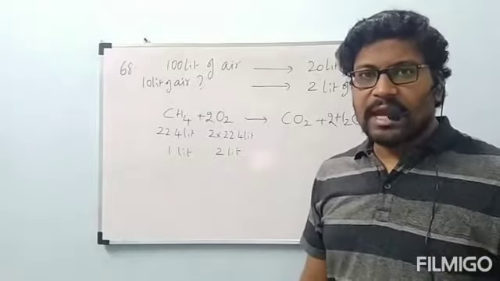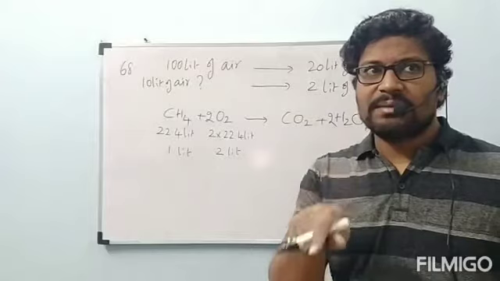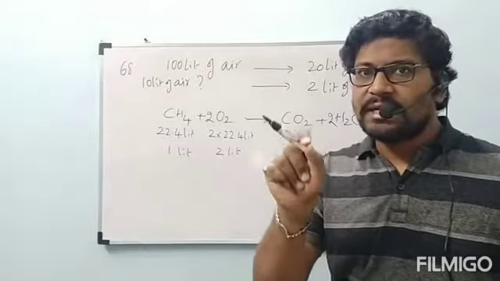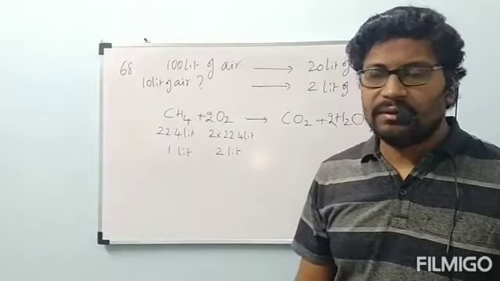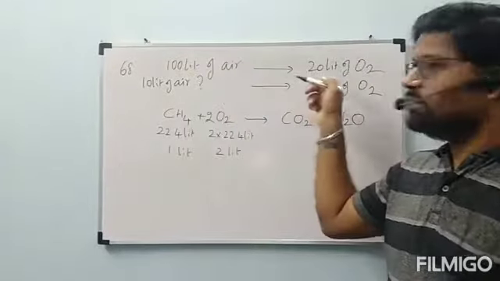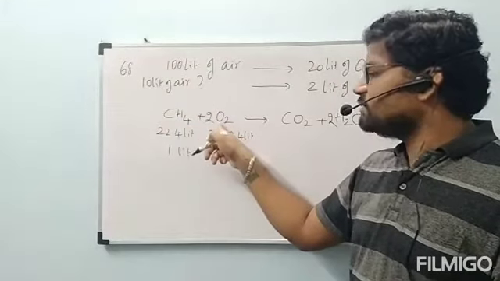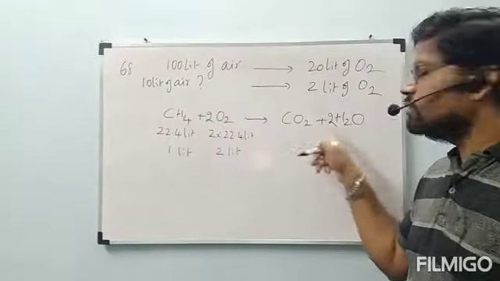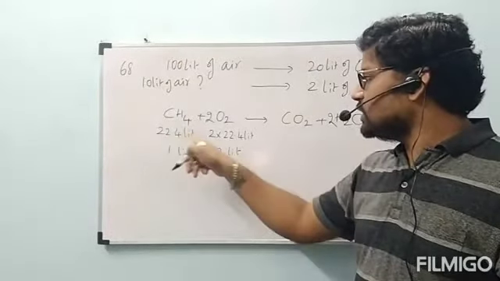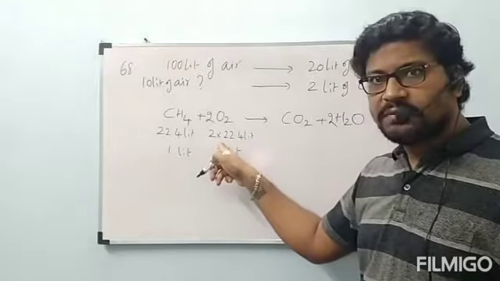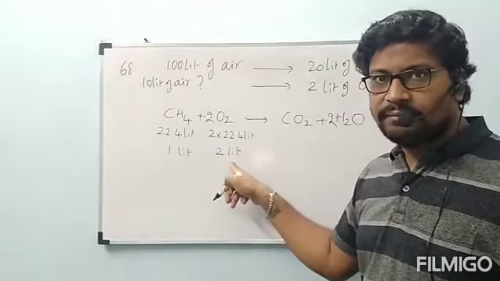Is everyone clear? Air contains 20% by volume. They did not ask mass, they asked about volume. That means if you take 100 liters of air, in that 20 liters of oxygen will be present. But CH4 reacts with 2O2 to form CO2 plus 2H2O. 22.4 liters of CH4 reacts with 2 into 22.4 liters of oxygen. 1 liter of CH4 will react with 2 liters of oxygen.